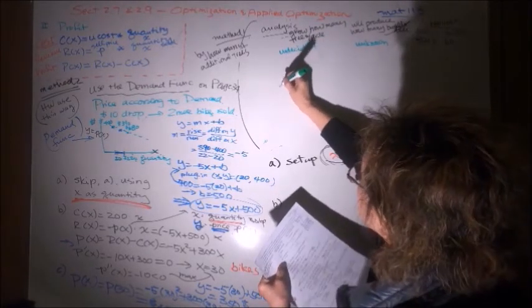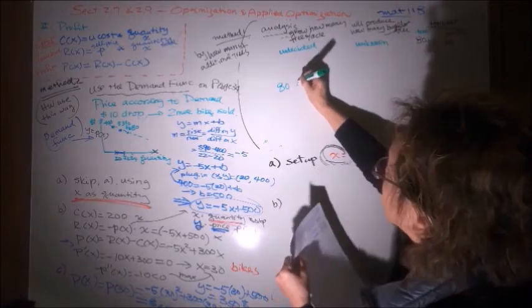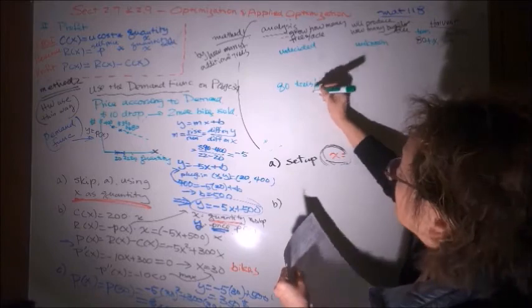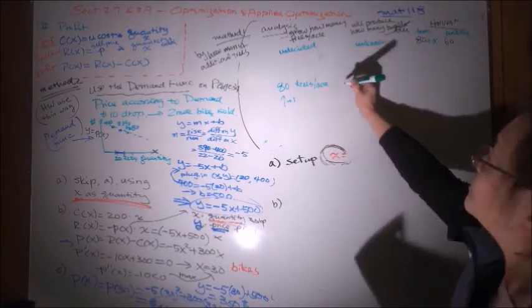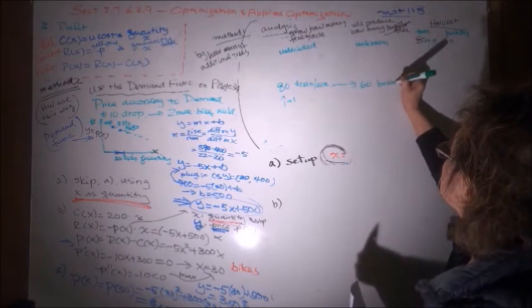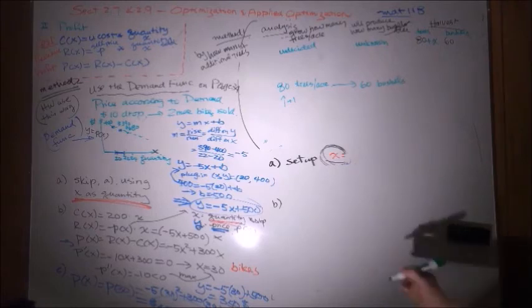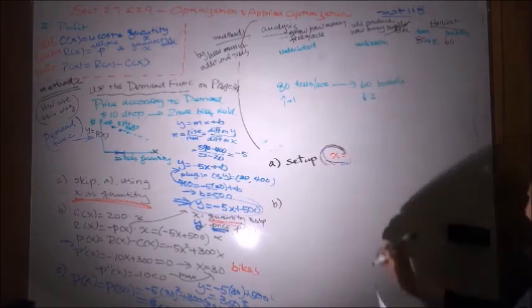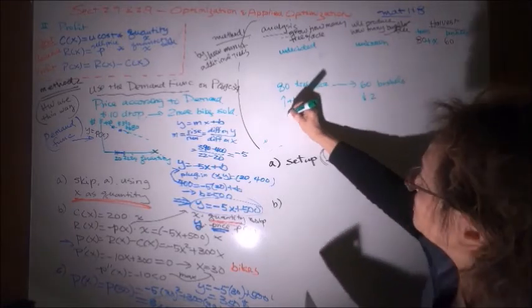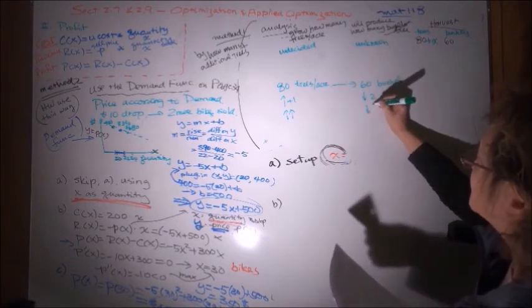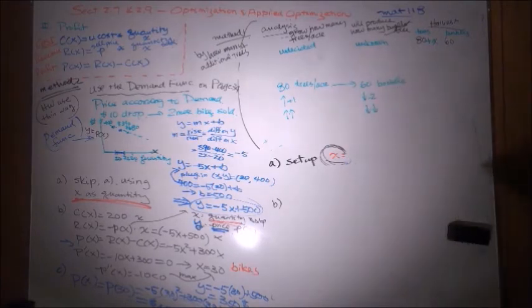Originally you started from 80 trees per acre. If you increase 1 tree, the yield will be 60 bushels, right? If you increase 1 tree, you will drop 2 bushels. If you increase another one, you will drop another 2, right?